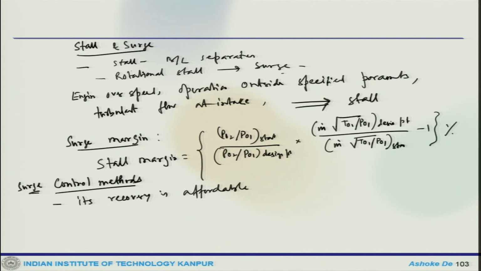Since rotating stall represents the onset of surge, if one can avoid the stall, then obviously the rotating stall can be avoided and subsequently the surge.